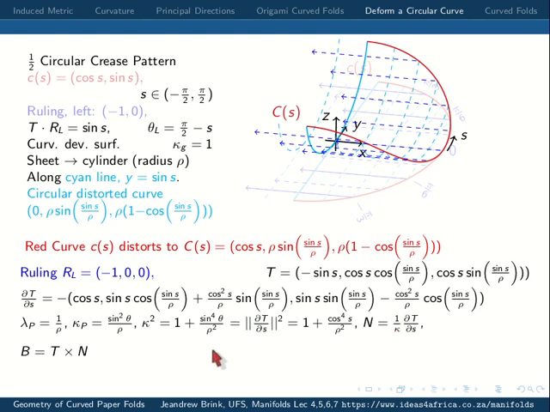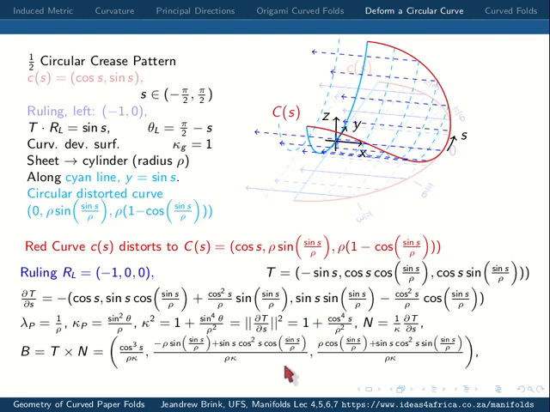And I can work out my binormal vector, which is just T cross N. I literally take this dT/ds, work out the cross product with that, divide by kappa and simplify it. And just to make sure your practice is working, I give it to you so you can check. It's not pretty, but it turns out that there's a structure to it.